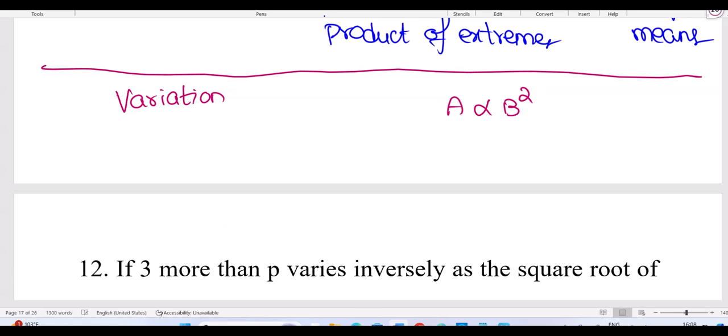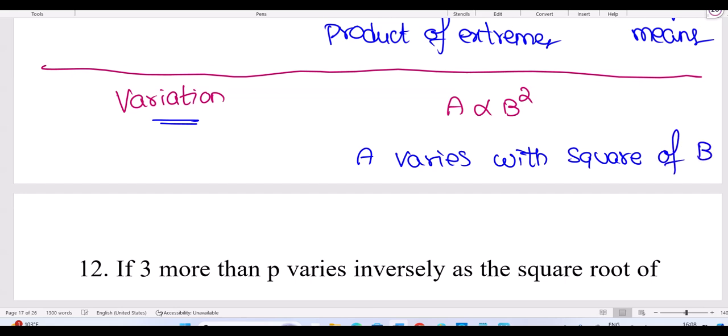What I can say here, A varies with square of B. If X varies inversely with square root of Y, how can you write that equation? X inversely varies with square root of Y. They'll mention that in the question.